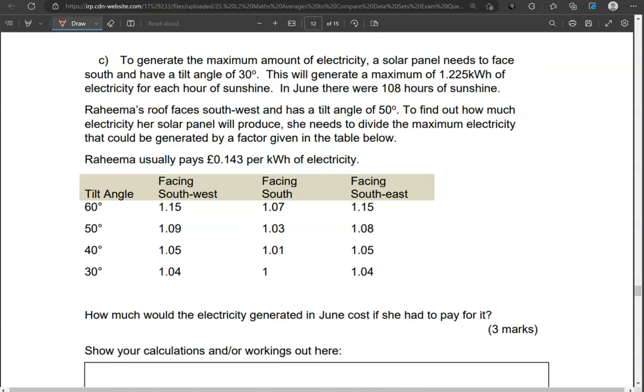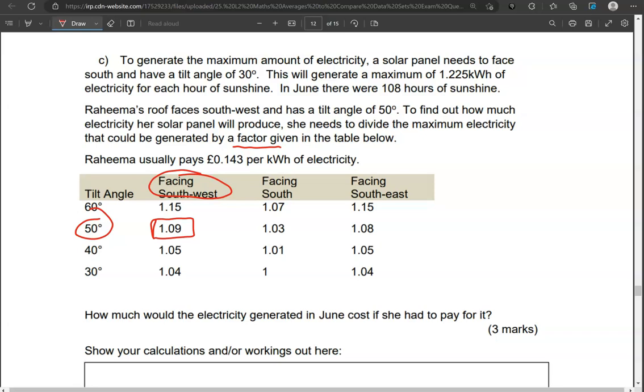So, Rahima's roof faces southwest and has a tilt angle of 50 degrees. So 1.09 is the factor that we are after. So the maximum electricity that could be generated needs to be divided by this.